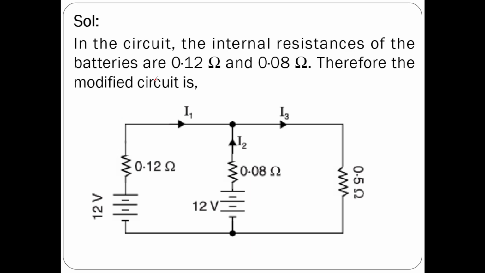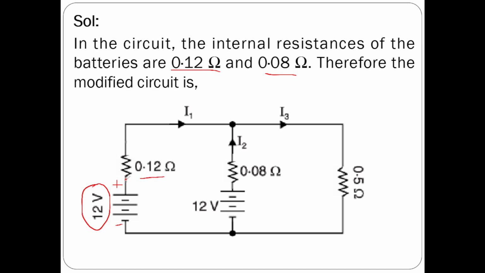Now, since in the question they have mentioned internal resistances of 0.12 ohms and 0.08 ohms, you can redraw the circuit, representing the internal resistances with a resistor symbol. So the internal resistance of source 1, the 12 volt source, is 0.12 ohms.